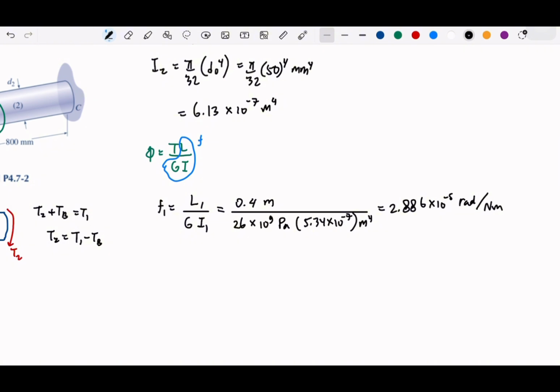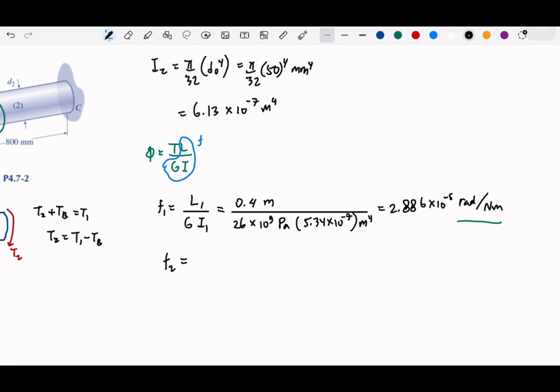But basically, you don't need to be worried about the units on the F, because this is simply calculation in between. So not necessarily important to the final results. But it's for your own calculations.